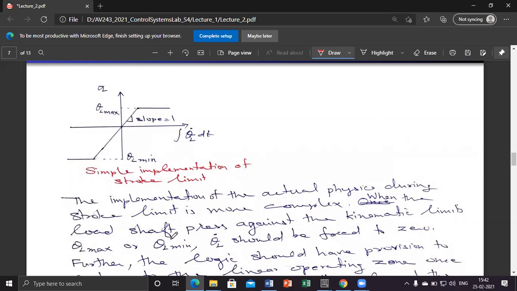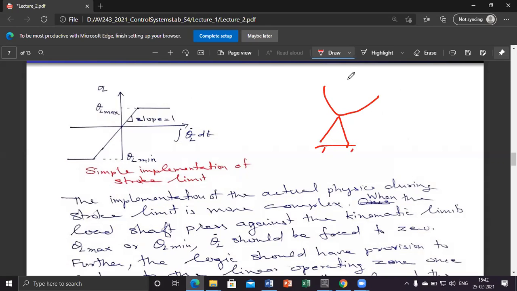But when you couple it with a load in a position control system, the load normally will not rotate fully. For example, an antenna orientation control. You know that this parabolic dish antenna will be there and it will be mounted on some surface.